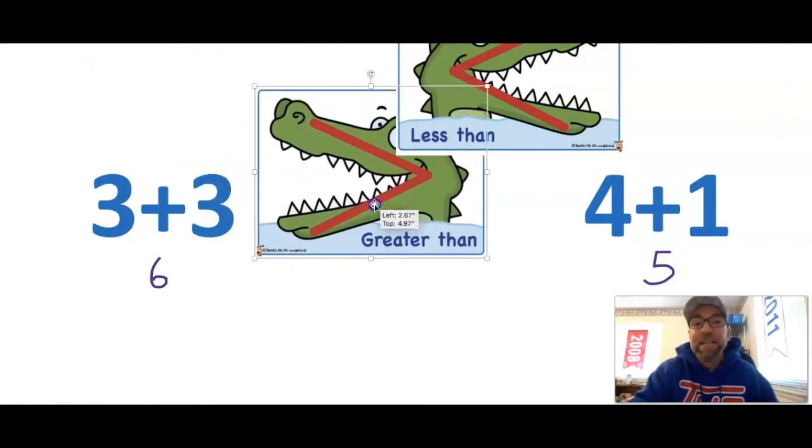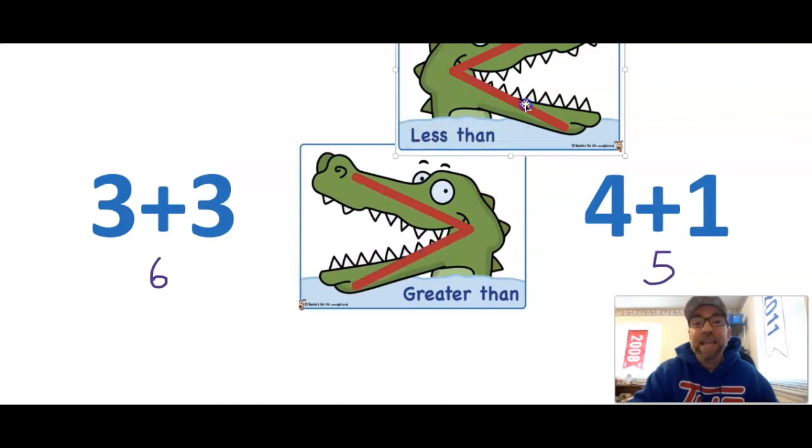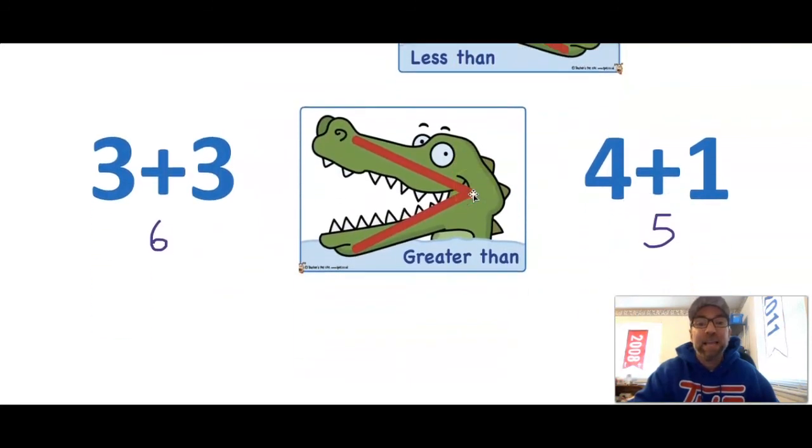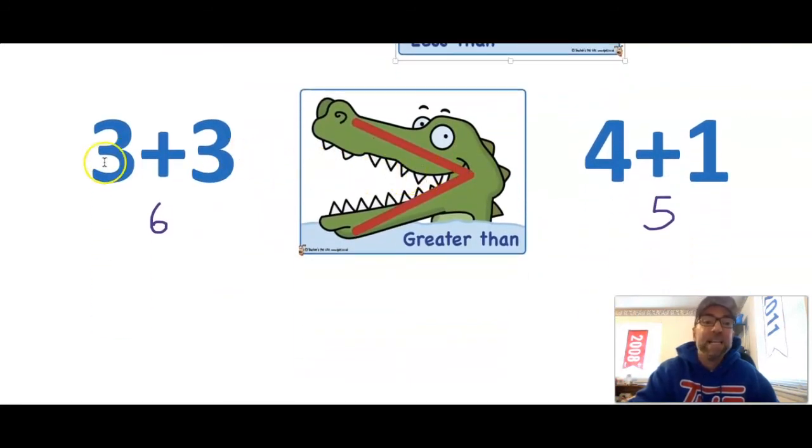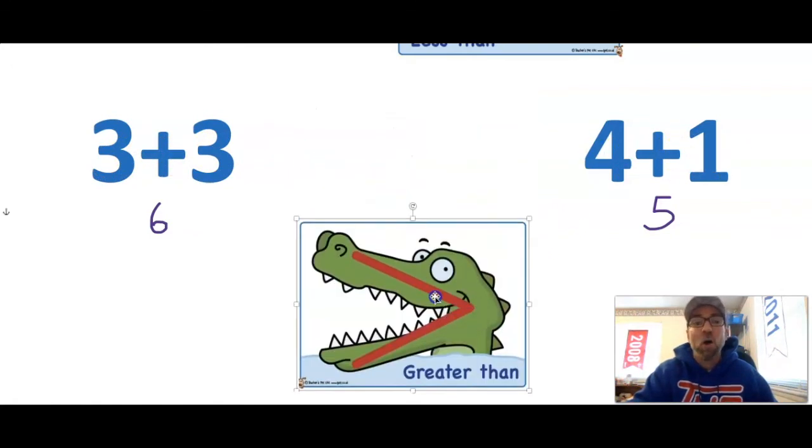He's going to want to eat the bigger side. So the alligator is going to eat 3 plus 3. 3 plus 3 is greater than 4 plus 1. Let's draw our greater than symbol.